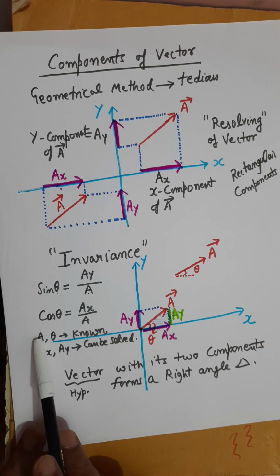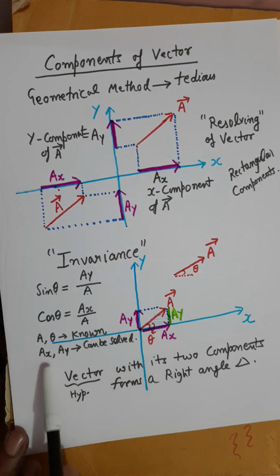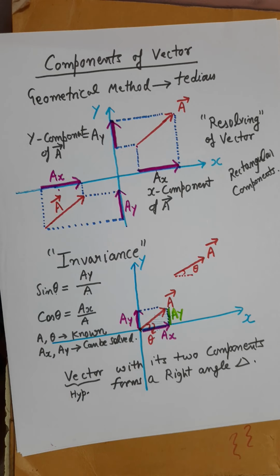And if I know the magnitude and the direction, then this is the whole process of finding the x component and y component. This process is called resolving a vector, resolution of a vector.